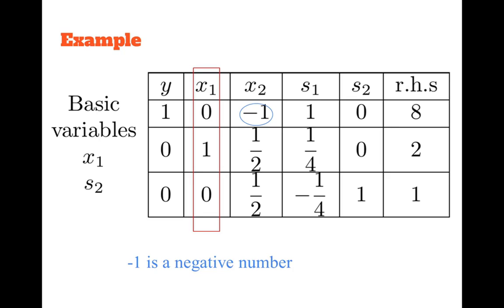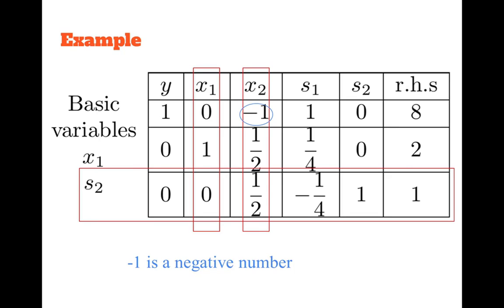And we continue the algorithm since there is still one negative number, minus 1, in the second row of the table. At this time, we have only one option. x2 is the entering variable and s2 is the leaving variable.